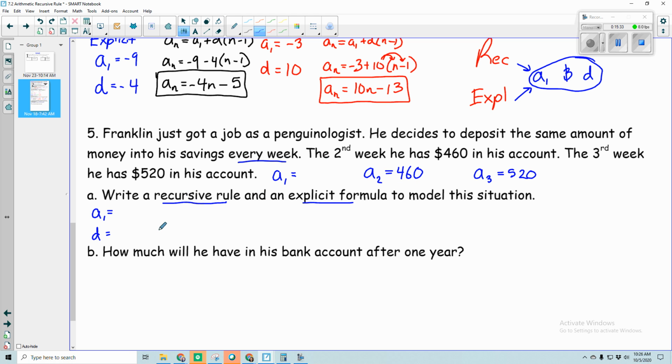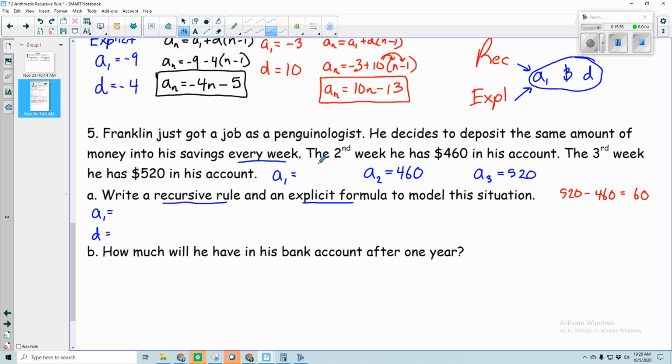So remember, if I'm trying to find d, I'm going to take the third term and subtract the second term from it. That's going to give me my pattern, or my common difference. So 520 minus 460, I get 60. It looks like every week he's adding $60 into his account.